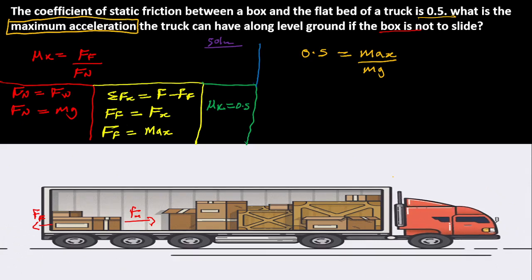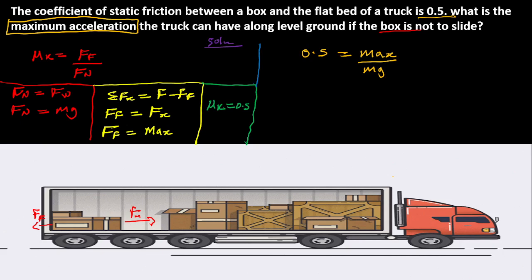From here, you know that we are just dealing with one box. This simply means that the mass is the same, so the mass in the numerator and the denominator can easily cancel. So what we have now is 0.5 is equal to ax over g.